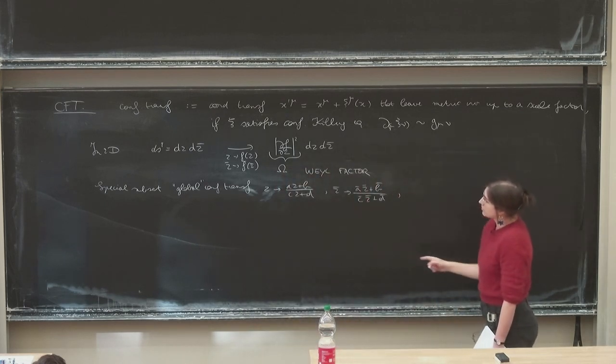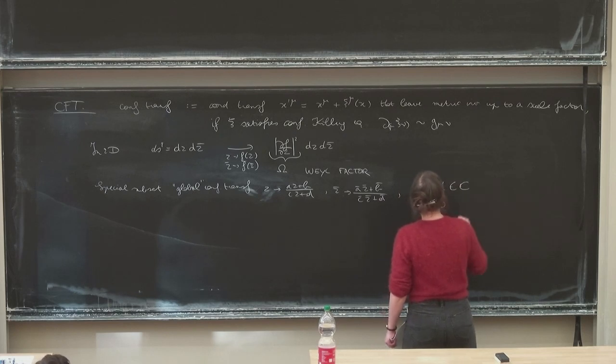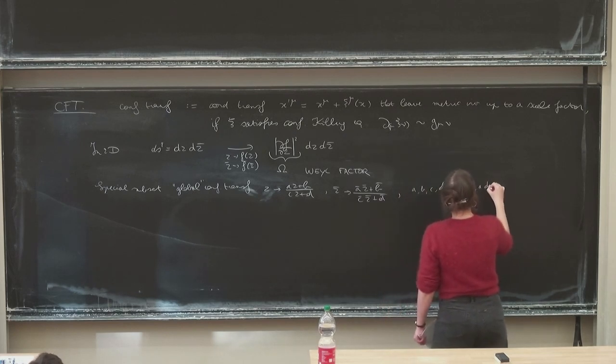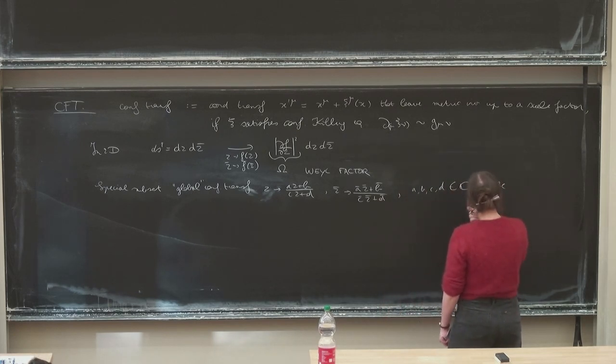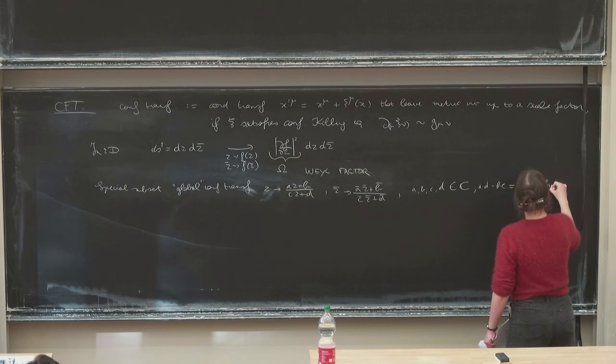So these types of transformations where A, B, C, D are complex numbers with the determinant of the ABCD matrix being 1. So these are called the Möbius transformations, and they form an SL(2,C) over Z2 group.